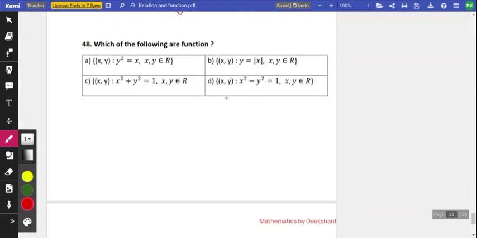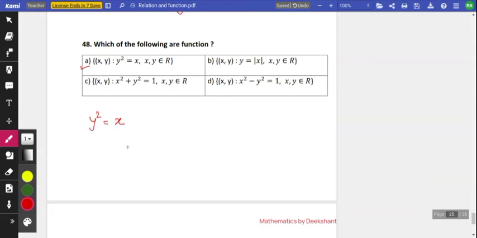In this question you have to check which of the following are functions. By checking option A, y square equals x, where x and y belong to the real numbers.